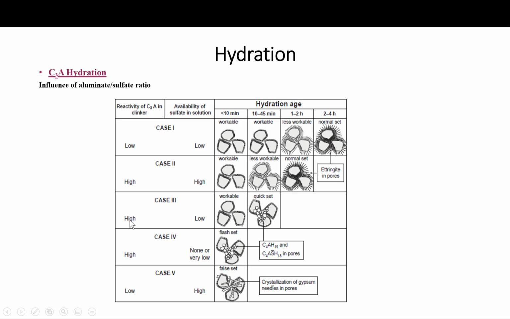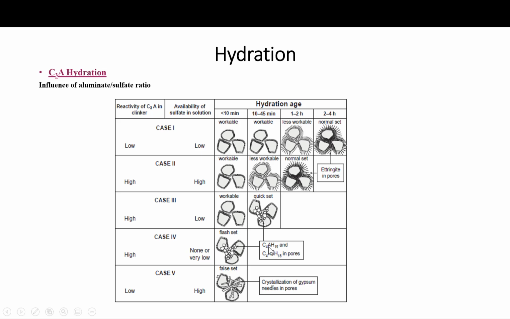Case 3, high reactivity or high C3A, low sulfate supply. The cement is only workable for less than 10 minutes. Right away, between 10 and 45 minutes, quick set will occur.